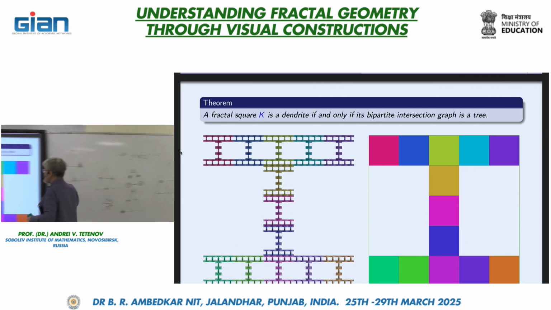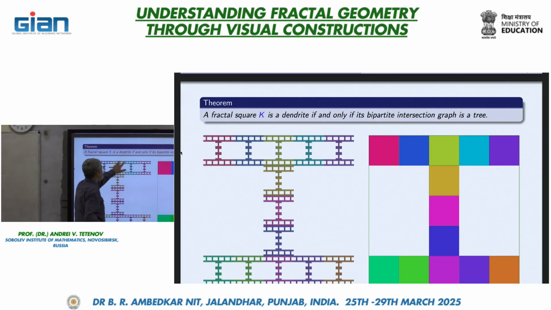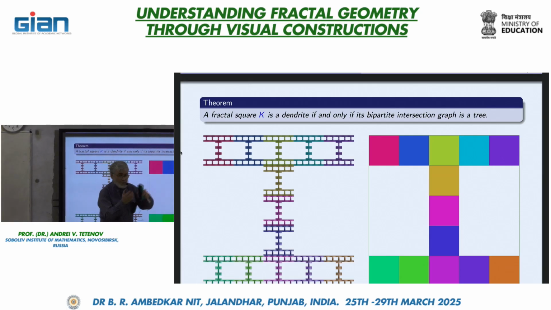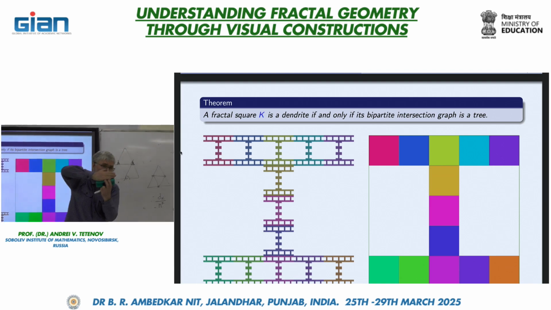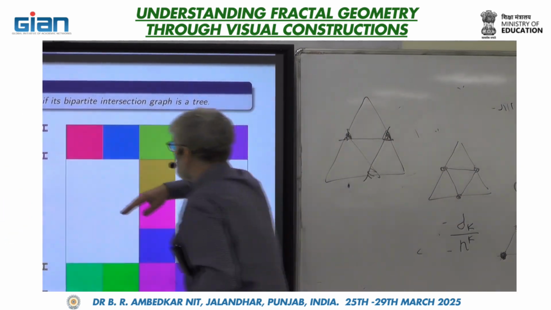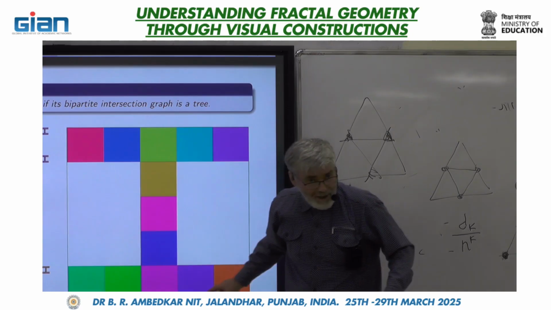But if it contains an interval, and this interval also consists of smaller copies, then to have an intersection of two copies in one interval, we need to have one interval on one side and the other interval on the other side.